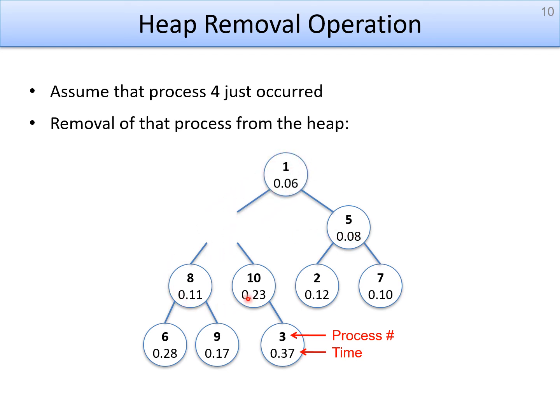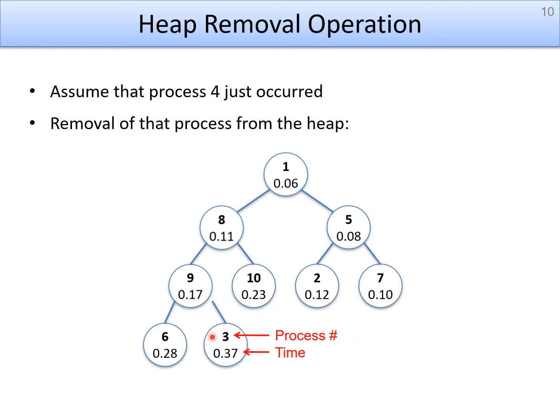Then we repeat. So out of these, this has the priority. So it takes this place. Then out of these, this has the priority, so it takes this place. And finally, since we would like to have as much as possible complete levels, we're going to take this process here, this node, and reattach it over there. Finally, we note that now the numbering of processes has a hole, right?